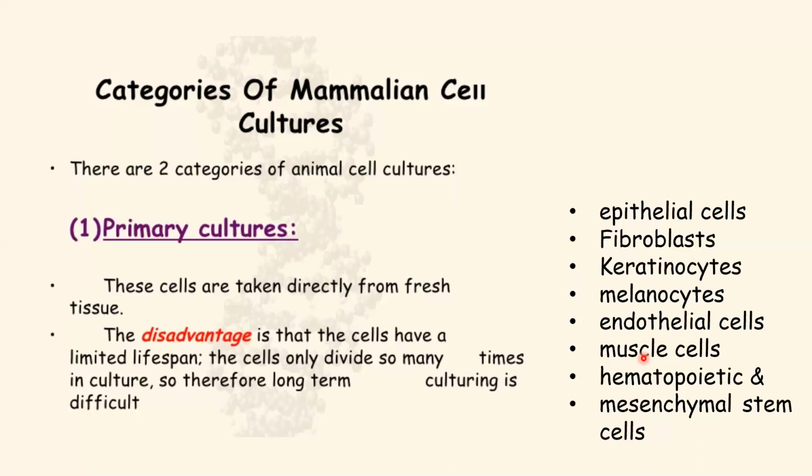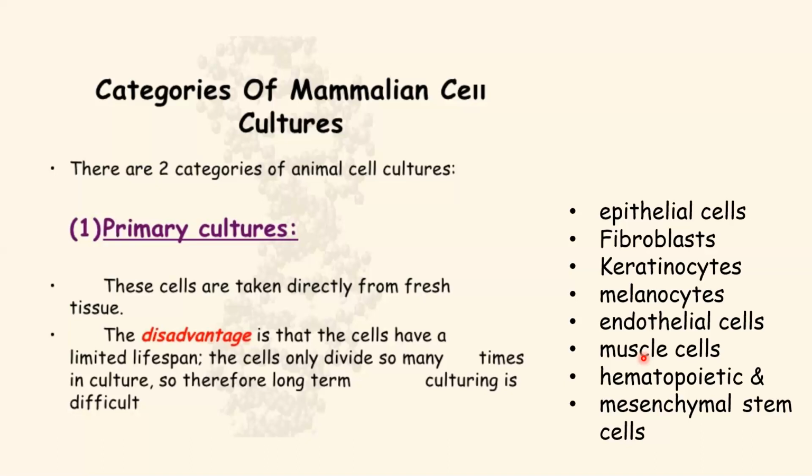So we can transform a mortal cell line to become immortal through some specific chemical stimulus, or even viruses. If we infect them with certain viruses, they will become immortalized and they will become continuous cell lines.